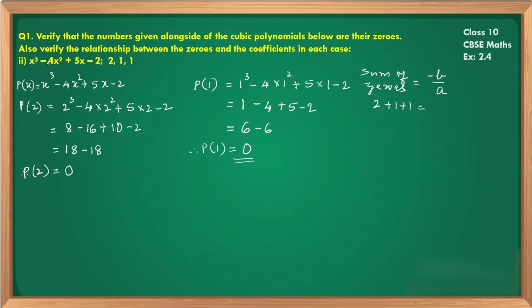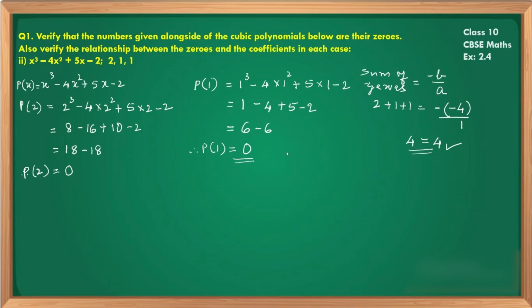B is minus 4. We put first minus and then value of b is minus 4, divided by a. A is the coefficient of x cube, that is 1. Now 2 plus 1 plus 1 is 4, equals this minus into minus gives you plus 4. This is one verification which is done.